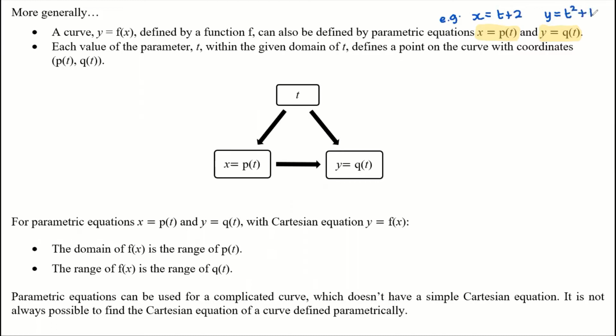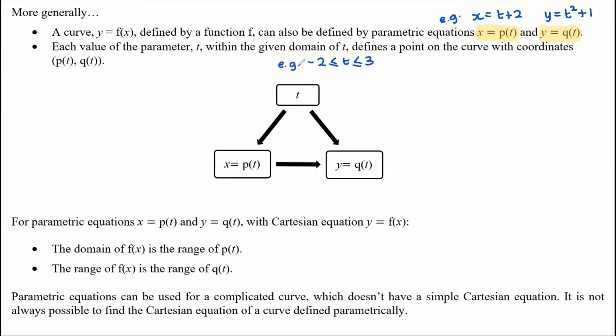Now, those were examples that we've just seen, and you can tell that x is a function of t and y is also a function of t. And they don't have to be the same functions, of course. Now then, each value of the parameter t within the given domain of t. So remember, we were given a specific domain of t, which was between -2 and 3. And that's just as an example. It doesn't have to be that.